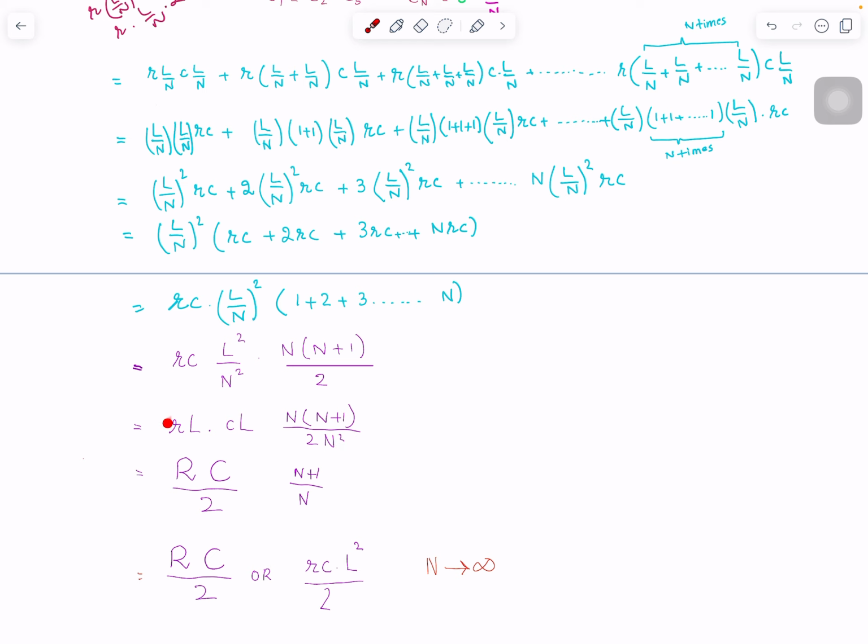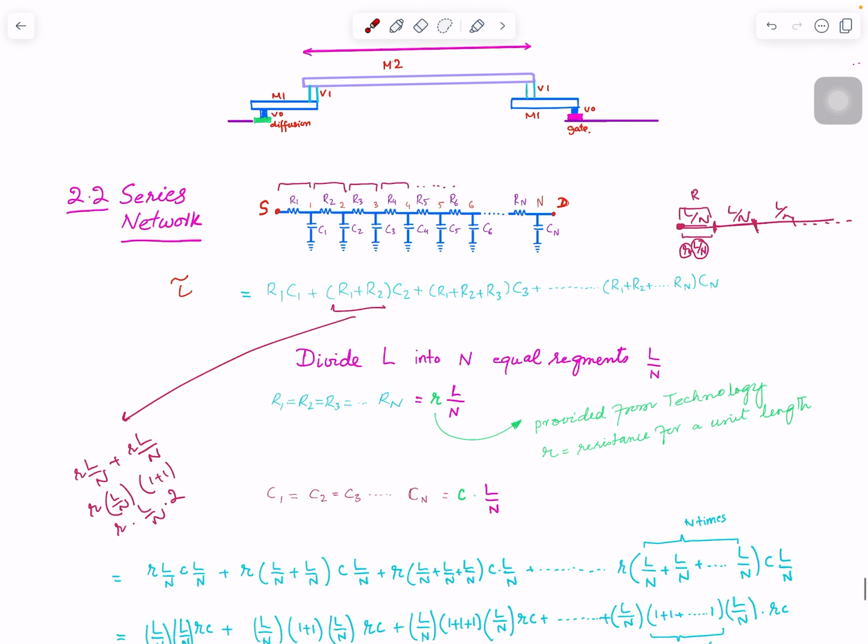What is this one? Remember the lumped R? This is that lumped R. This is that lumped C for the entire length. So your expression is RC over 2 times N plus 1 over N. And if N is very large, it means you divided this length into a very huge number of segments.